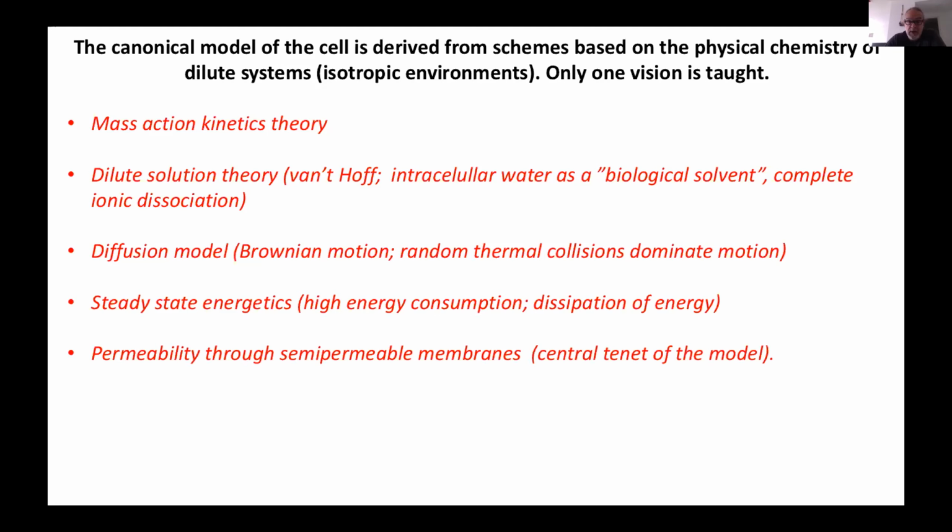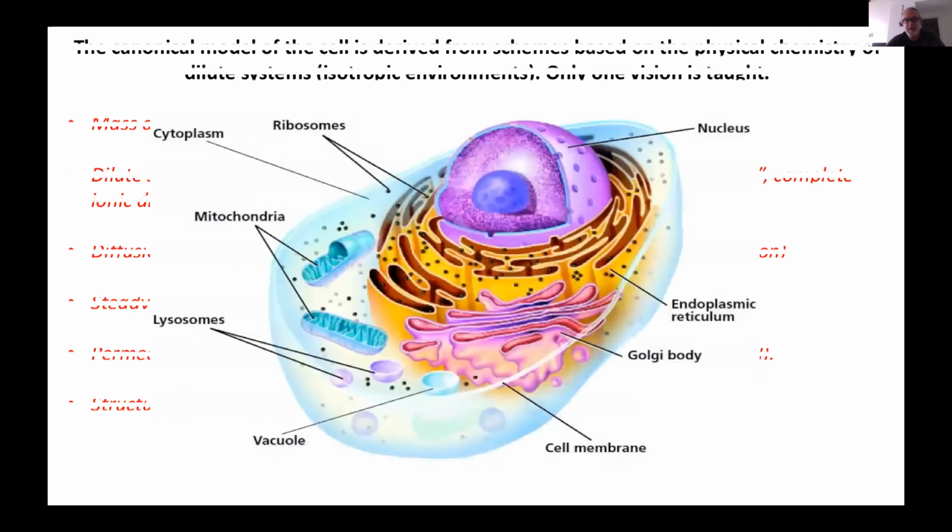In this model, there is a central role of membranes, and the concept of permeability through semi-permeable membranes. And of course, most of the molecular events are explained through the single molecule, so you don't really take into account emergent properties in the system.